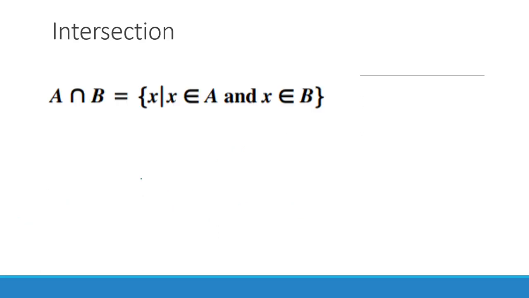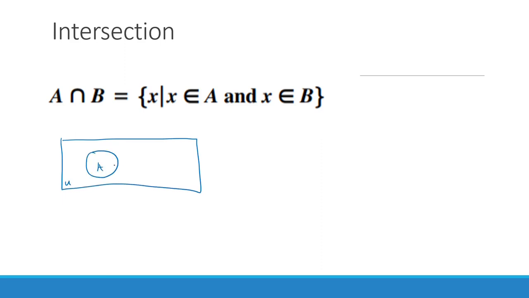The intersection is defined using this symbol. It looks like an upside down U here. A intersect B is equal to X such that X is an element of A and an element of B. So if we draw a Venn diagram of this, we have the universe.